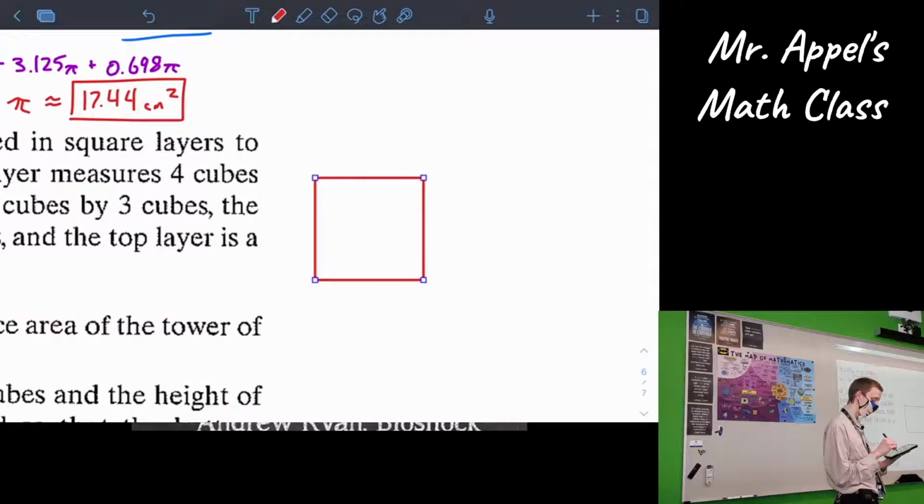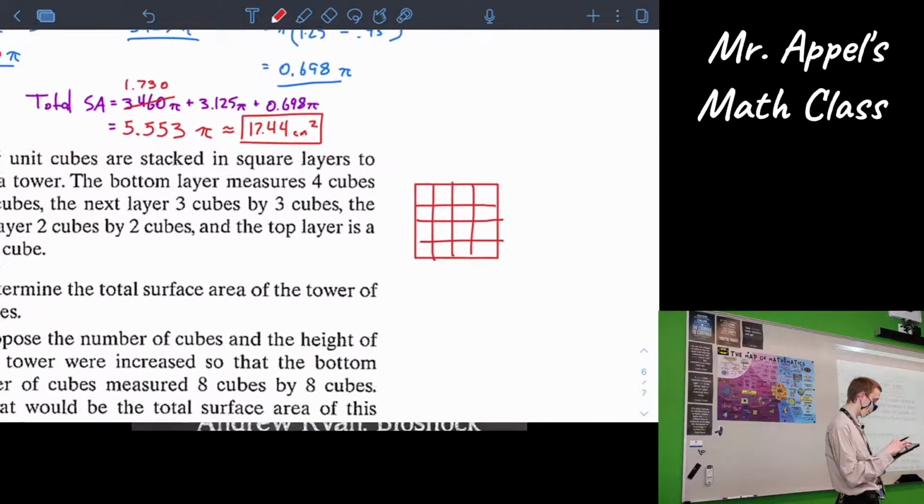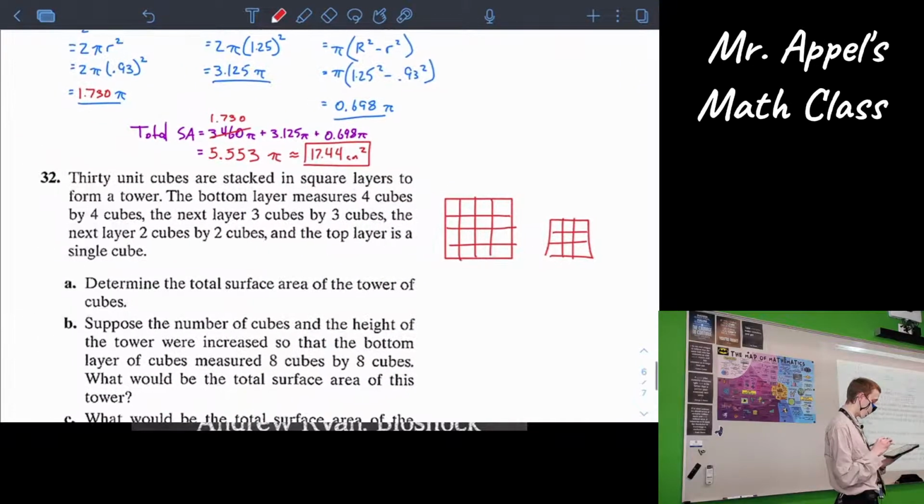And that's not a square. Square. There's my bottom layer, 4 cubes by 4 cubes. And then I need a 3 cube by 3 cube. And then next layer, 2 by 2, and then a single cube.